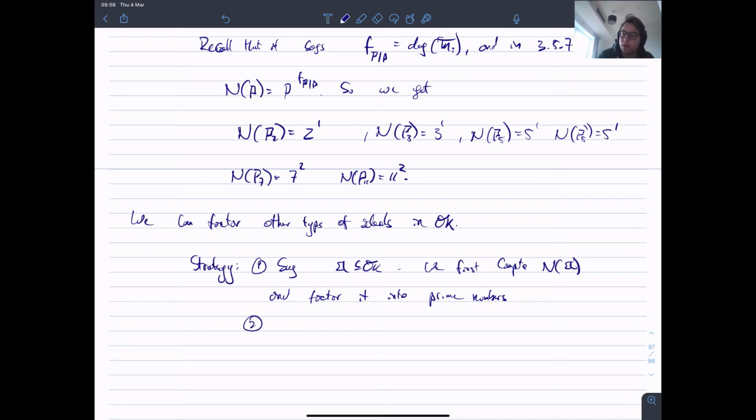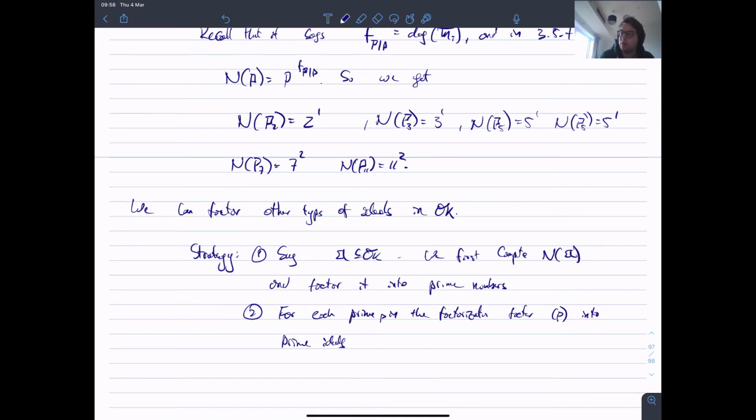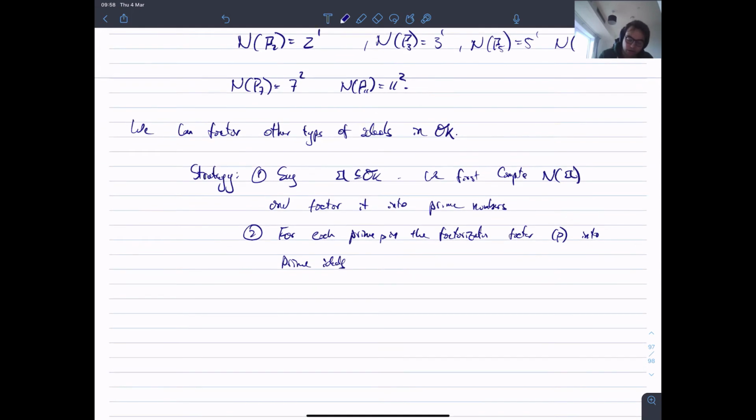Step 2: for each prime p in the factorization, factor the ideal generated by p into prime ideals. As we've just done above, we know how to factor these things.